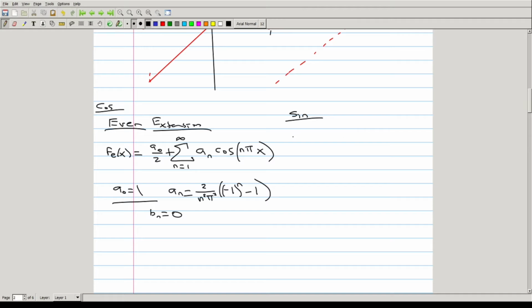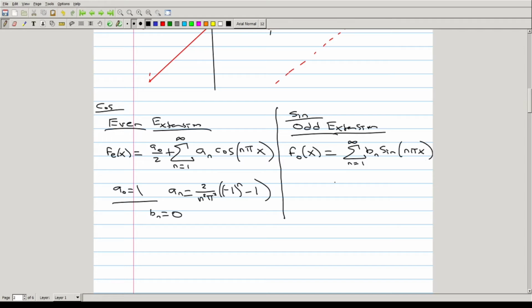And the sine series of the extension for this function, or the odd extension of this function, converges to the summation from n equals 1 to infinity of bn sine of n pi x, where bn was 2 over n pi times negative 1 to the n plus 1.